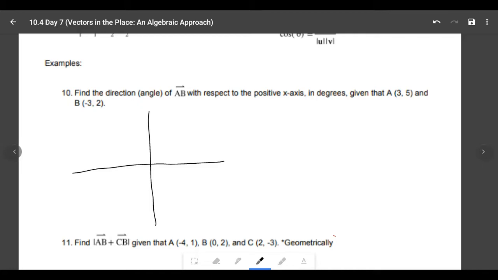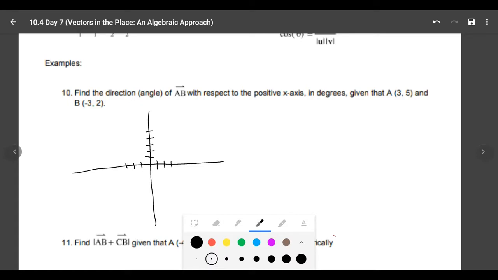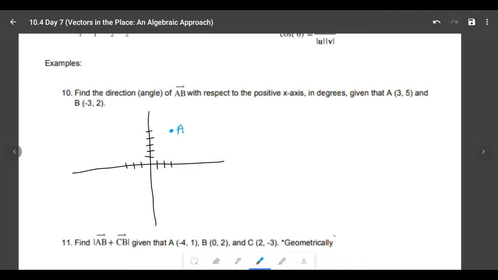We have the point A at (3, 5) and the point B at (-3, 2). So A and B, and this is going to be my vector there.